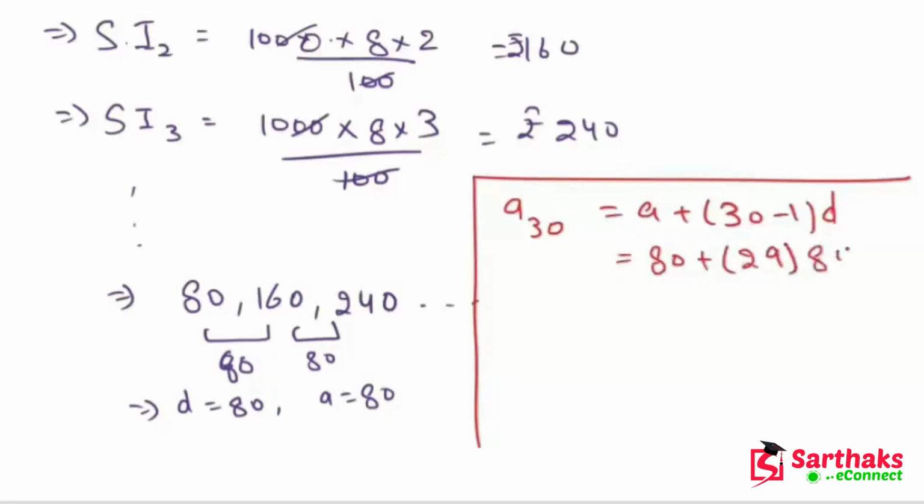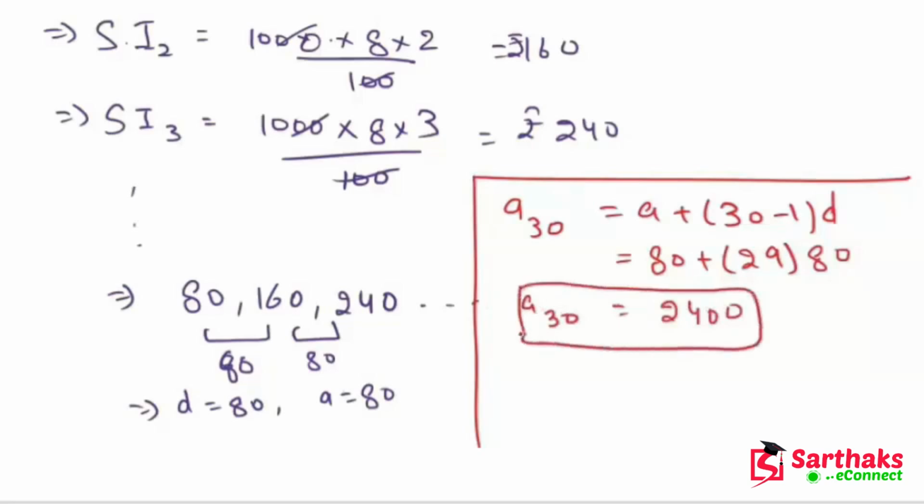We have d again 80. If we solve it, we get 2400. So a30 is 2400. The interest at the end of 30 years will be 2400. This is our answer.